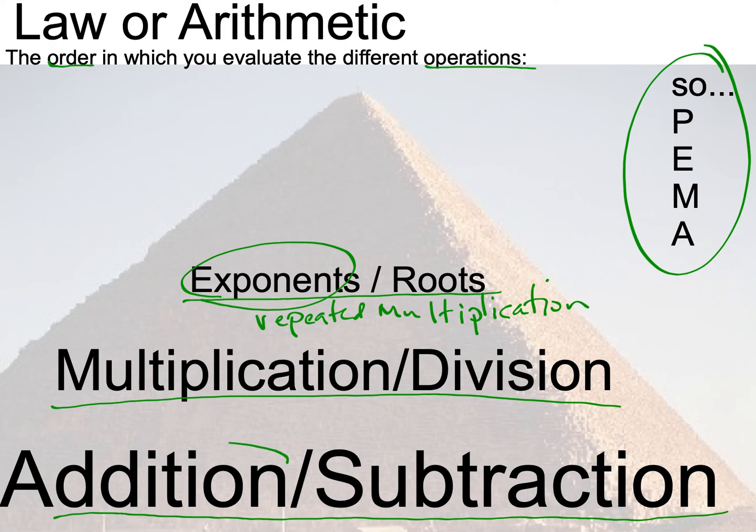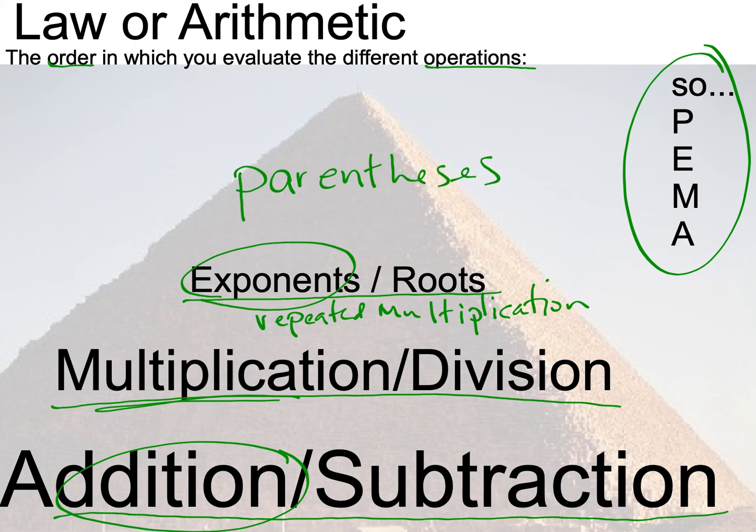You can take a bunch of addition and package it as multiplication. And the only thing missing from here, if you want to change the order, is parentheses. So it goes exponents, multiplication, and addition. If you want to change the order, use parentheses. Parentheses pretty much says, do this first.